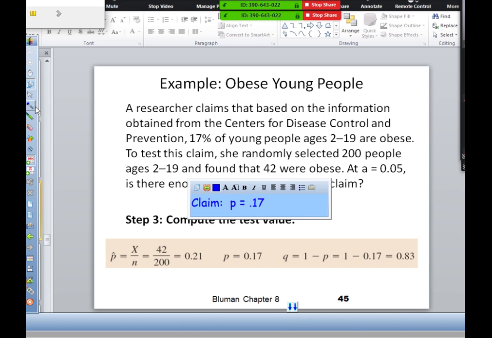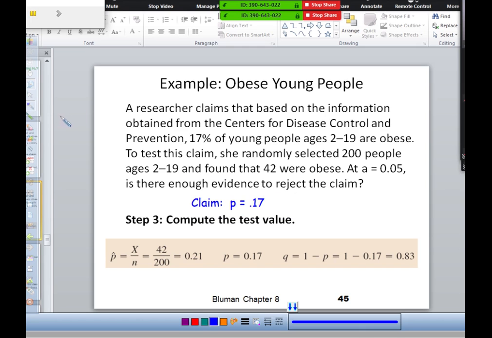That's my P. It's not my P hat. For P hat, you've got to find the word selected or random selected or sample. Here, selected and sample are the same thing.